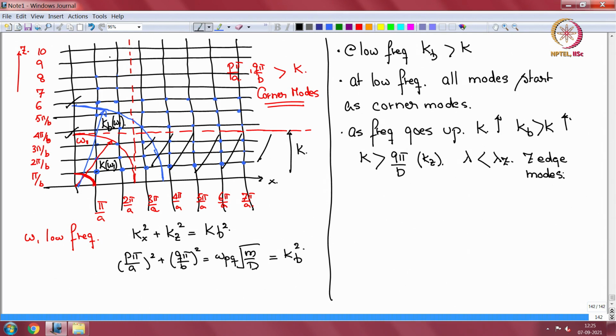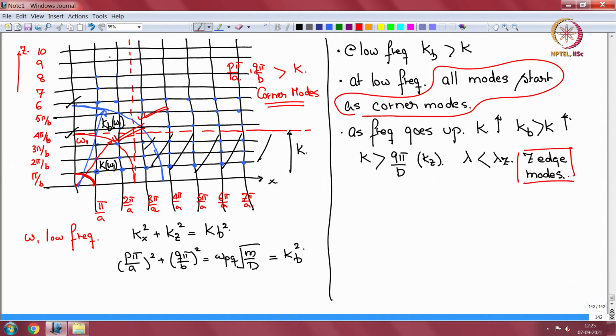So what happened? When we started, all the modes started as corner modes. By the time k reaches here and kb reaches here, some modes have become z edge modes. These were corner modes earlier.